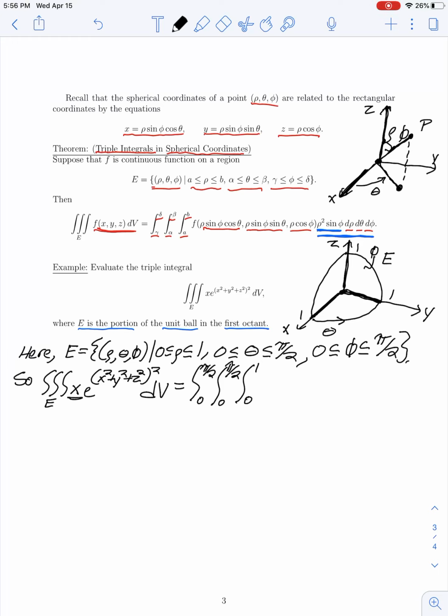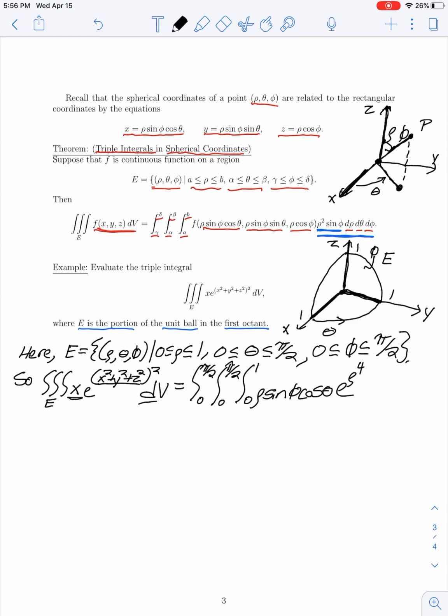So in terms of spherical coordinates, x is given by rho sine of phi cosine of theta times e raised to the (x squared plus y squared plus z squared) quantity squared. Now recall that the sum of x, y, and z squared for spherical coordinates is rho squared. So we have rho squared squared, or rho to the 4th power for our exponent in that function.